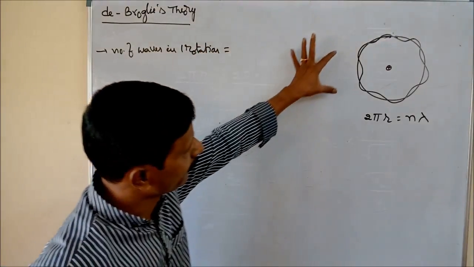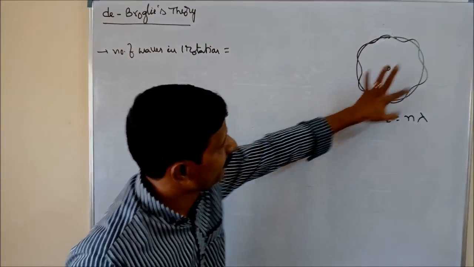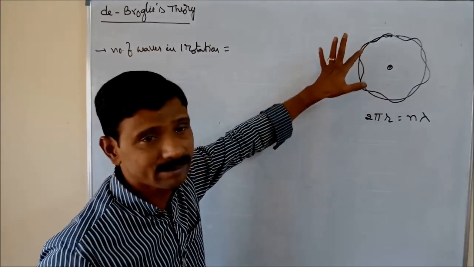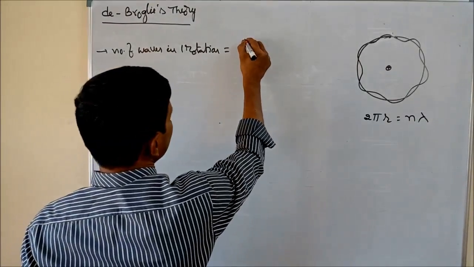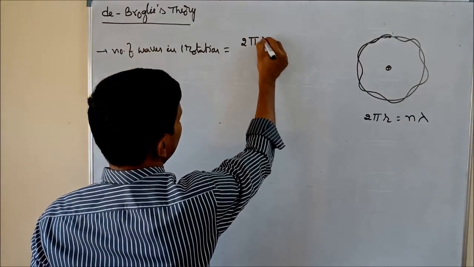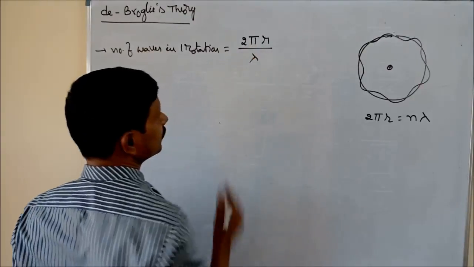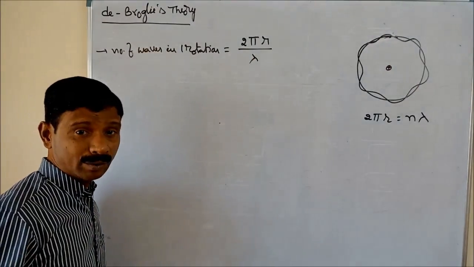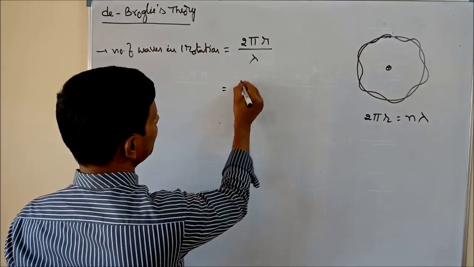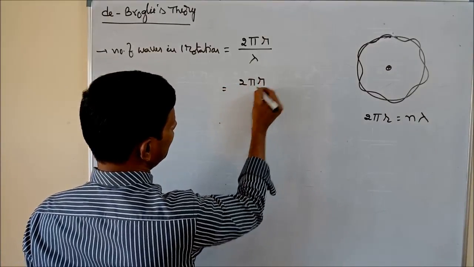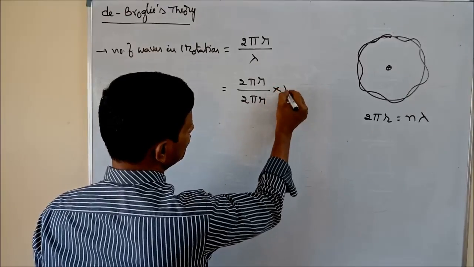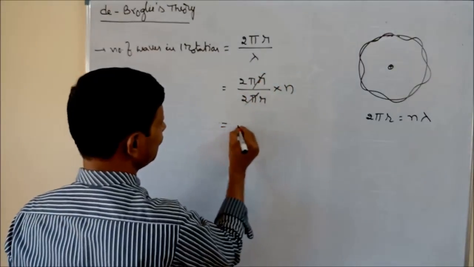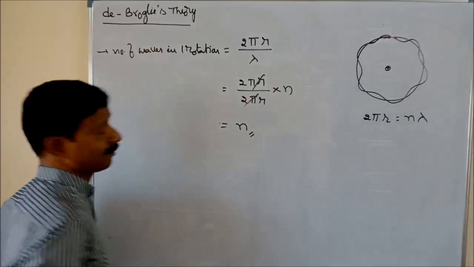See, suppose the wavelength is lambda, the circumference is 2 pi r. So how many waves will be there? 2 pi r by lambda. But lambda equals 2 pi r by n. So it will be equal to 2 pi r by 2 pi r by n into n. So it is going to be cancelled.